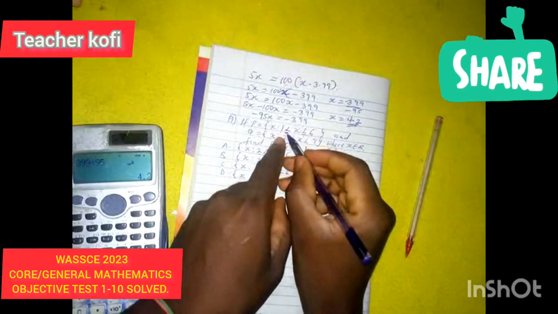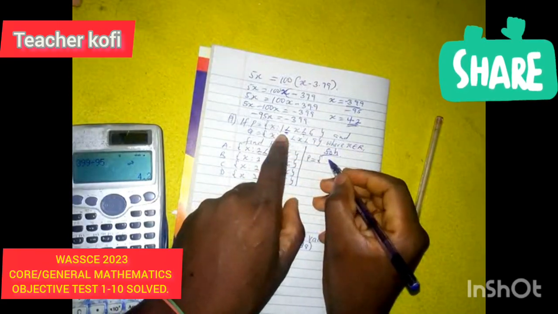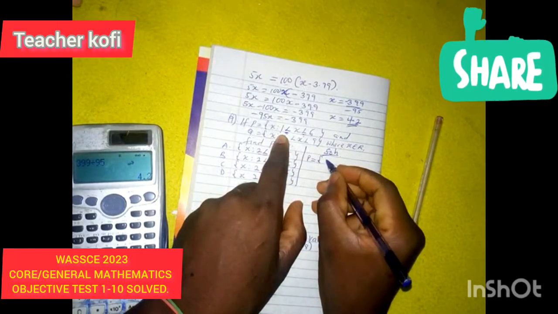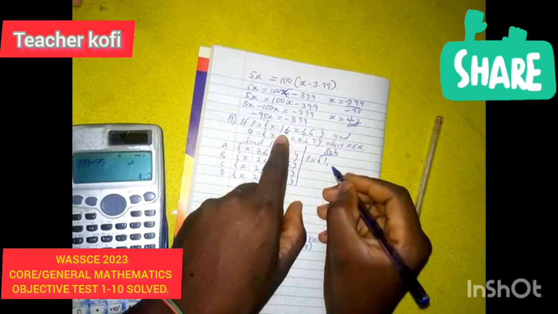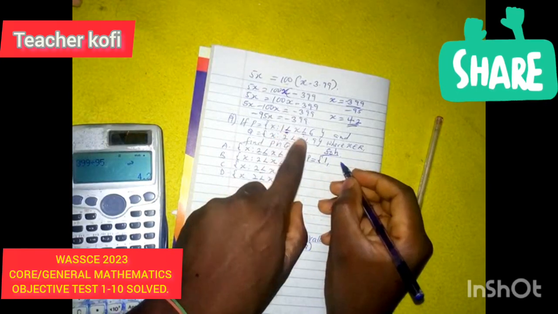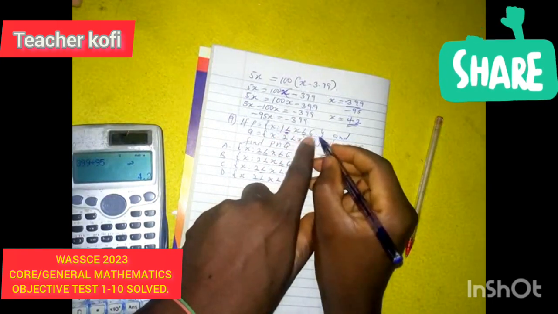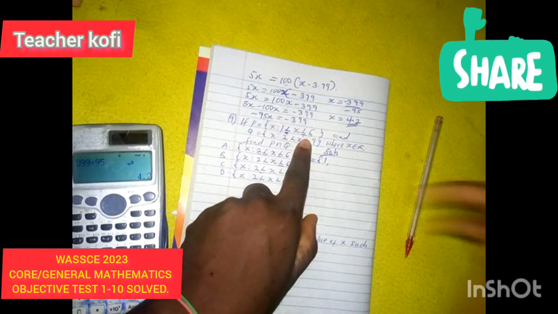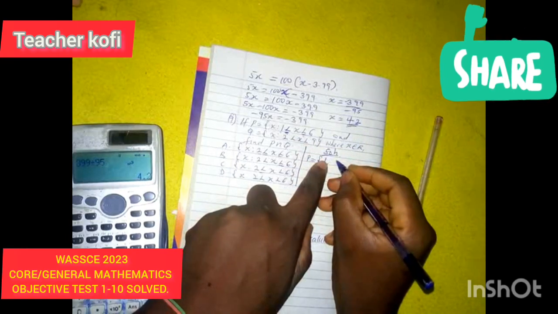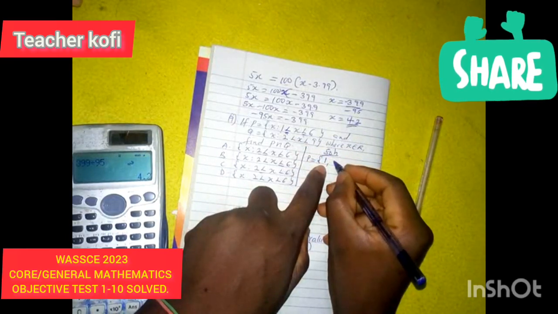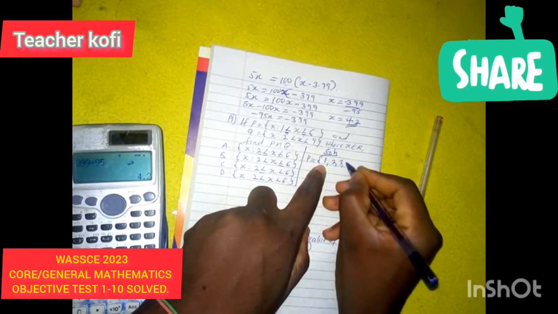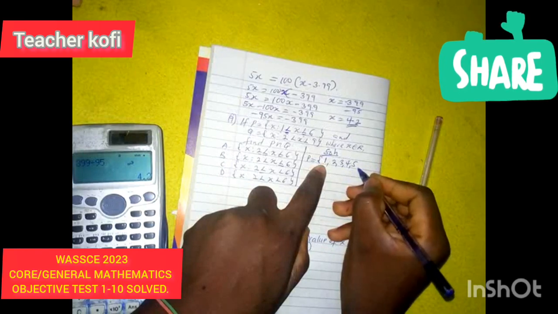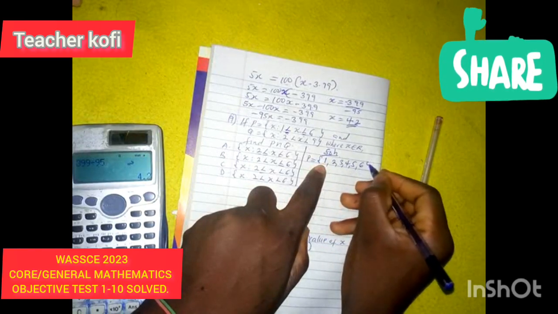So less than or equal to means we start from the number behind it, and less than or equal to means we end at the number at the last end. So here we have 1, 2, 3, 4, 5, and we end at 6.